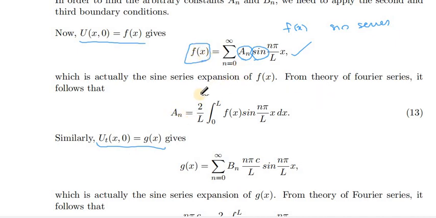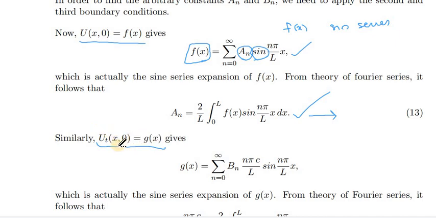So according to our Fourier series theory, this a_n is equal to 2/L integral 0 to L f(x) sin(nπx/L) dx. From the theory of Fourier sine series expansion, the coefficients are nothing but 2/L integral 0 to L f(x) sin(nπx/L) dx. This has been explained in the prerequisites.